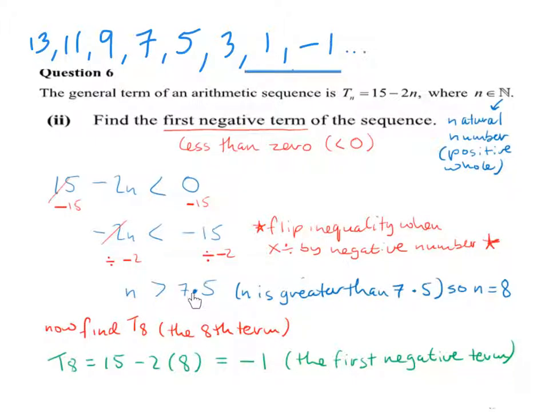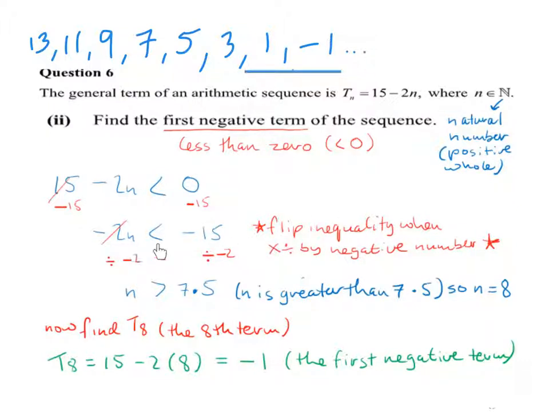Now, because in this step we divided by a negative number, we have to flip the inequality the other way around. It was pointing to the left, now it's pointing to the right. So less than becomes greater than. This is a rule in inequalities: we flip the inequality when we multiply or divide by a negative number.